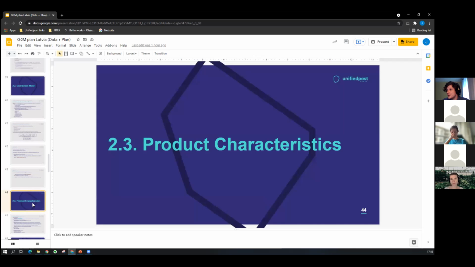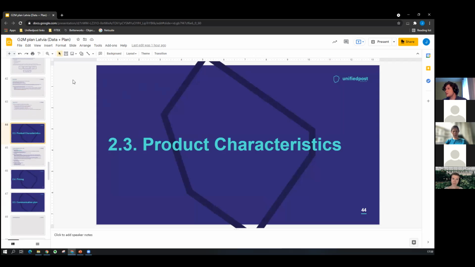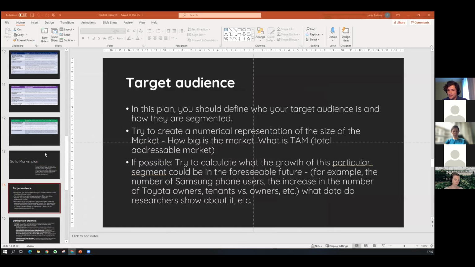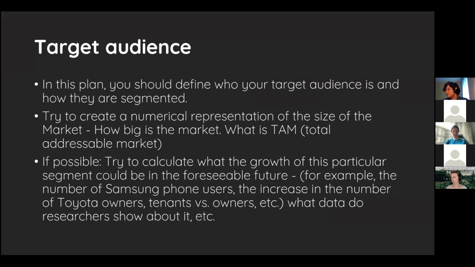Then the product characteristics, which languages, what technical parts are needed in the product. And at the end, pricing and the communication plan, which has helped with what I'm building currently. So that was an example of why I'm doing it this way. I hope it helps you understand why I'm showing this information.